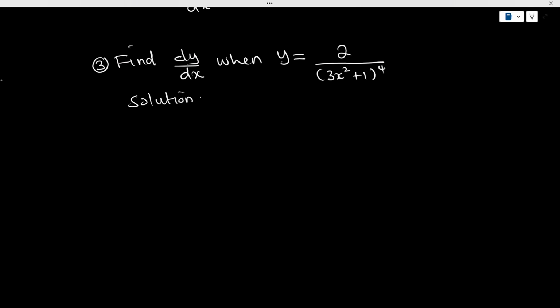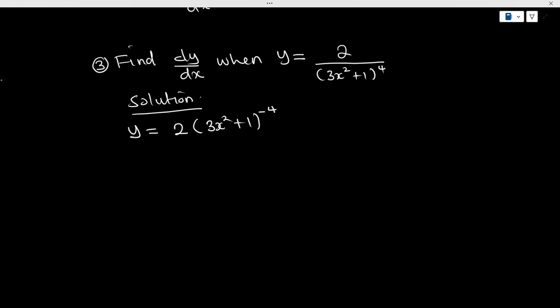First I would like to start by rewriting this equation. We can write this as y equals 2 times 3x squared plus 1 raised to negative 4. Remember, when you reciprocate, you have to change the sign of the exponent. It was positive and now it is negative.